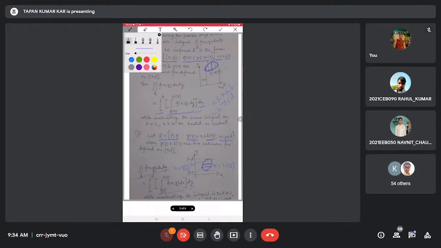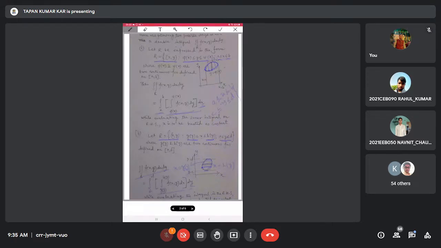And in the case of constant limits, as mentioned here, x varies from a to b, y varies from c to d. In that case, it depends completely on you which integral is to be first and which second.